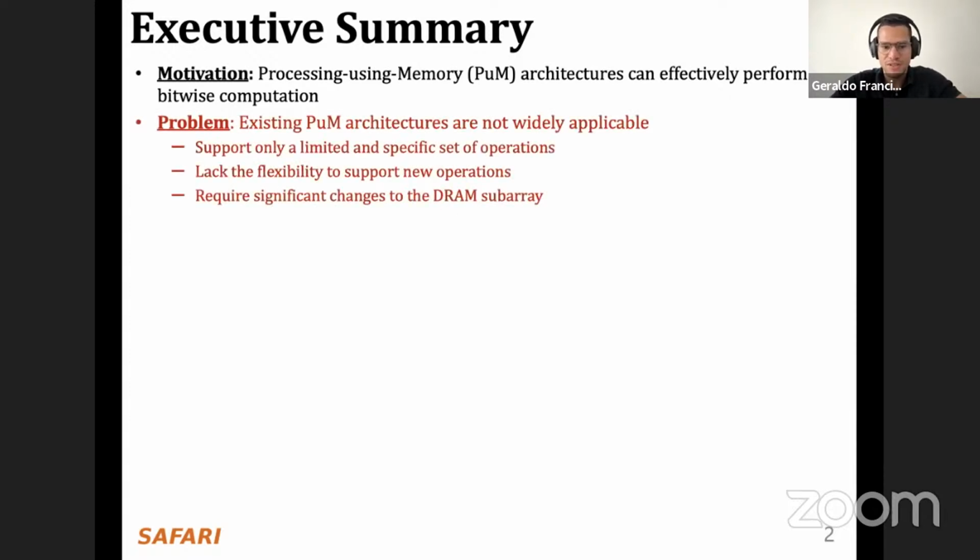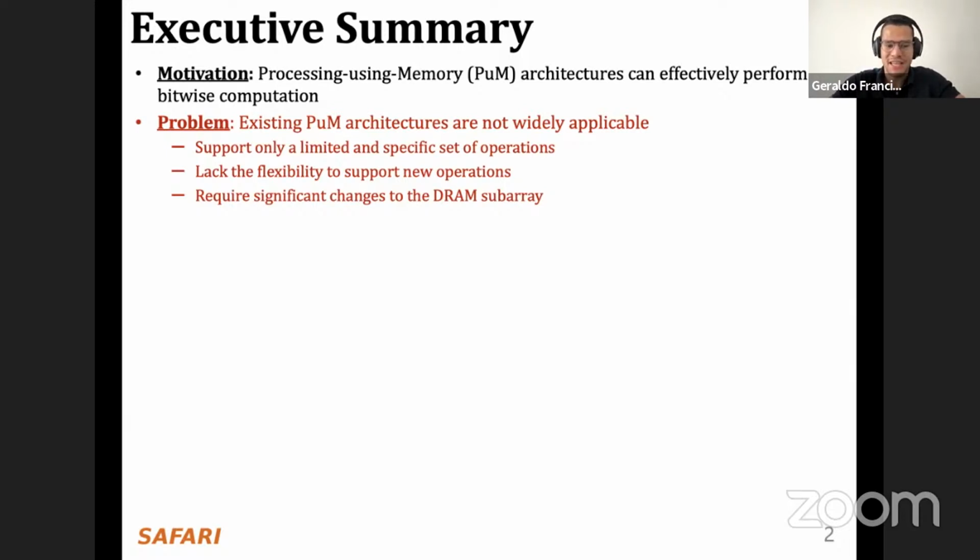However, those prior works that propose these bitwise computations limit the applicability of such architectures because they only support a limited and specific number of operations. They also lack some flexibility to support any given new operations that the user might require.